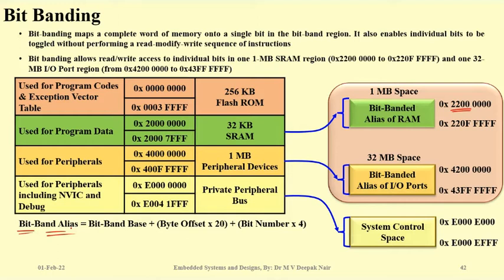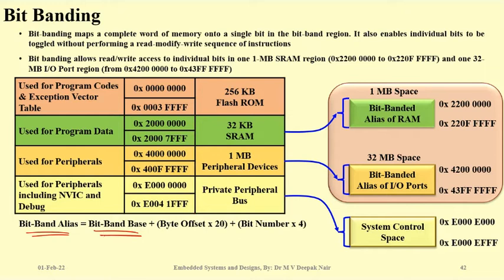For example, assume your name is Deepak, but you are also known as, for example, Deepu. So this kind of aliasing means it is also known as, so it is mapped. The bit band alias region is calculated by using this formula.